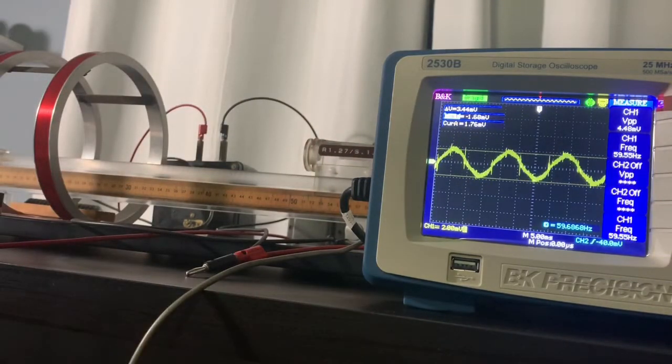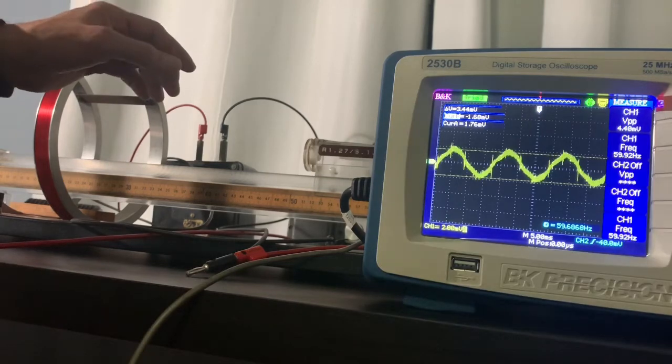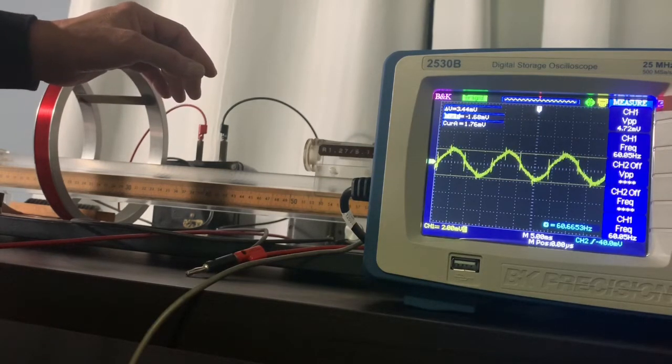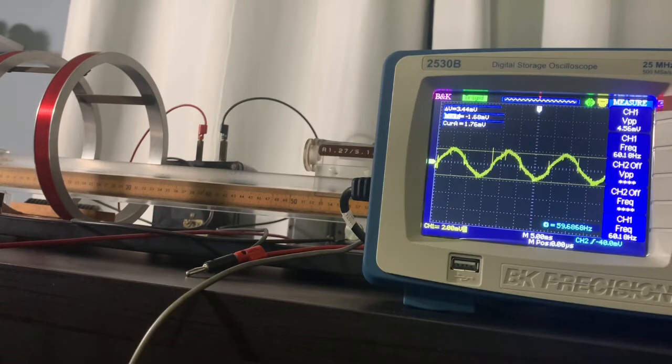I advanced it 3 centimeters, so that puts us at 52.0 centimeters. We're at 4.40. It's fluctuating a bit. Whatever, 4.40.